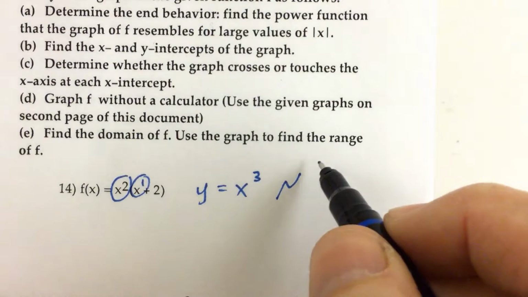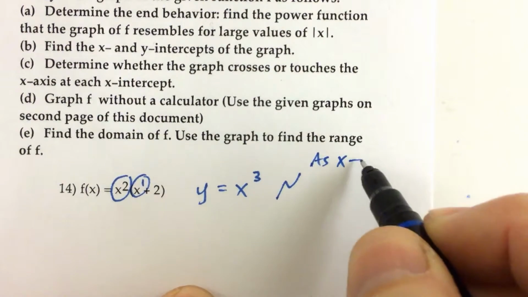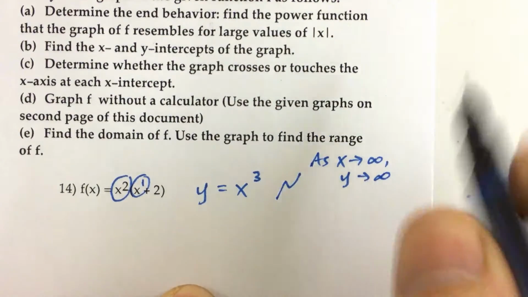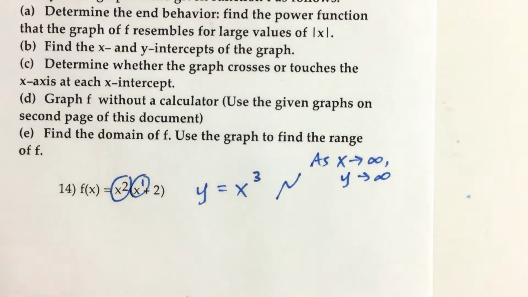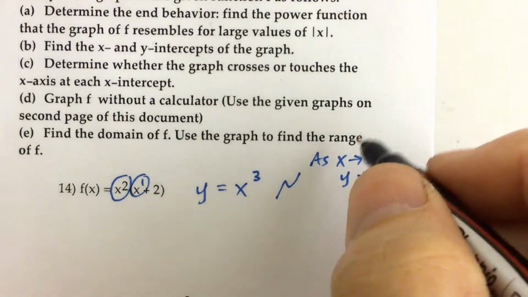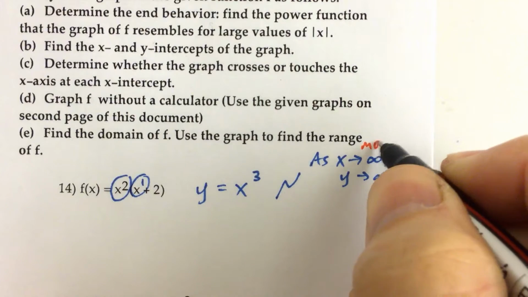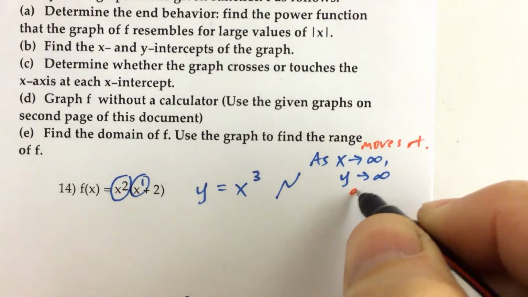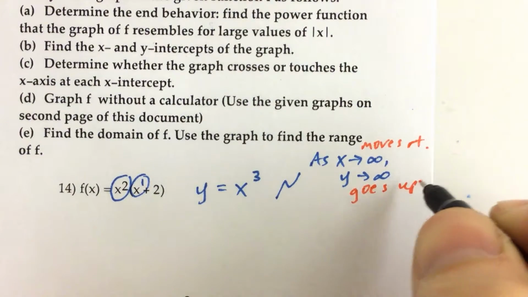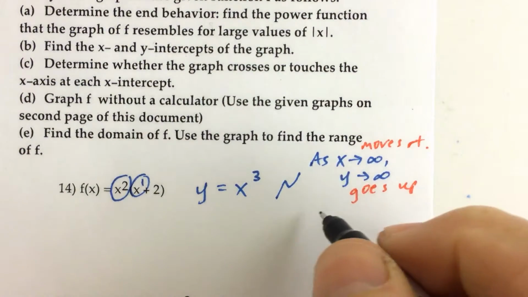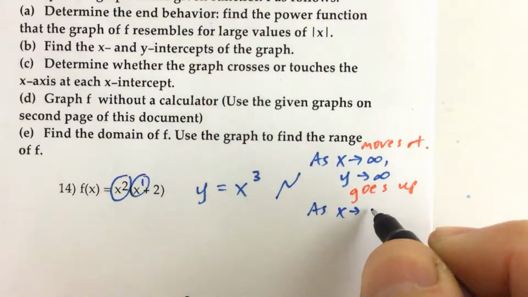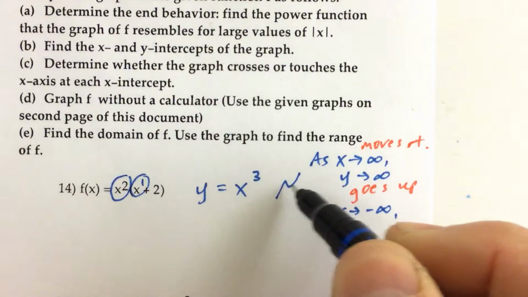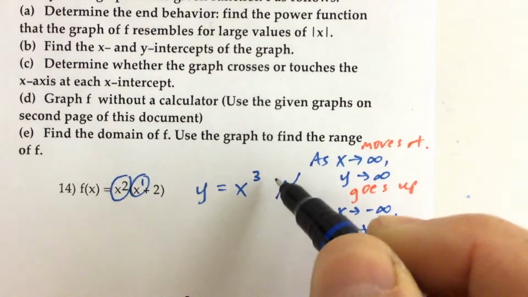And describing the end behavior, which we'll talk about in class, we would say as x approaches infinity, y also approaches infinity. And what this means is that as x moves to the right, y goes up. And then the next part would be, we would say as x moves left along the x-axis, the y values are getting smaller.